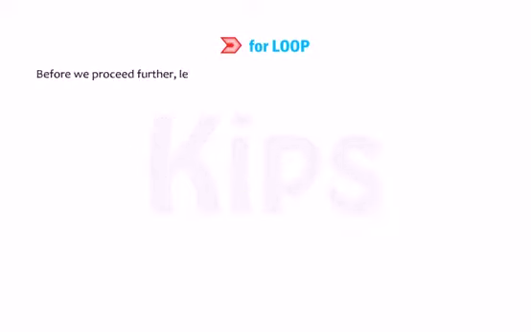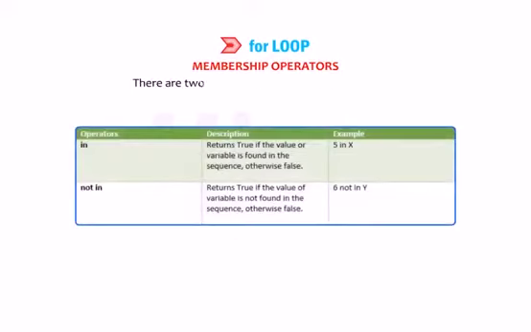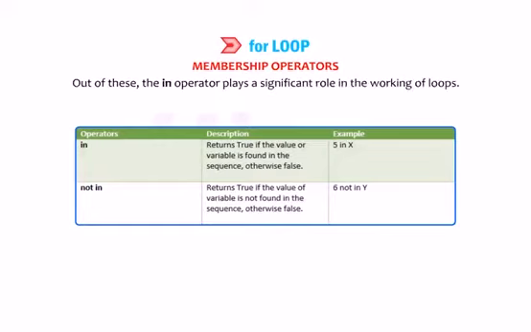Before we proceed further, let us first understand the concept of membership operators. Membership operators play an important role in controlling the working of a loop. There are two membership operators, in and not in. Out of these, the in operator plays a significant role in the working of loops.